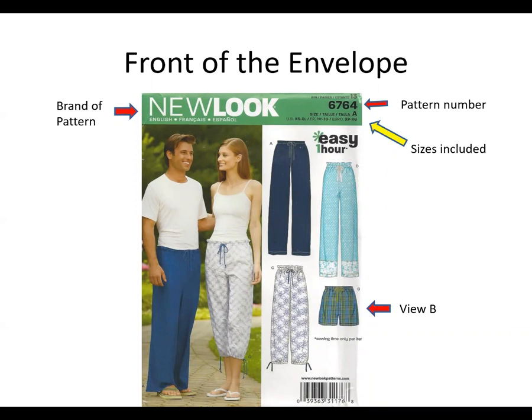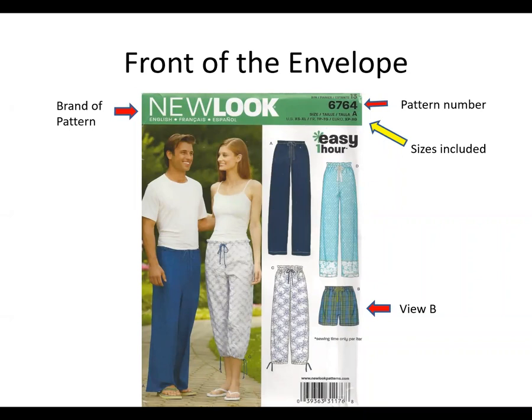But you'll notice right underneath it, it says United States sizes extra small to extra large, European sizes extra petite to extra grand. Okay, so it's right there on the front of the pattern. And then we're going to identify which of these we want to do, and we want to do view B, and that's what I'm going to be talking you through today.